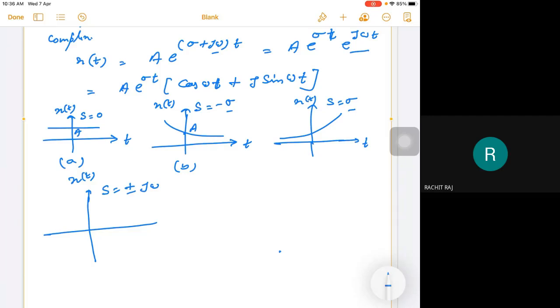क्या होगा, कोई बताएगा? If I am taking s equals plus minus j omega, anyone?